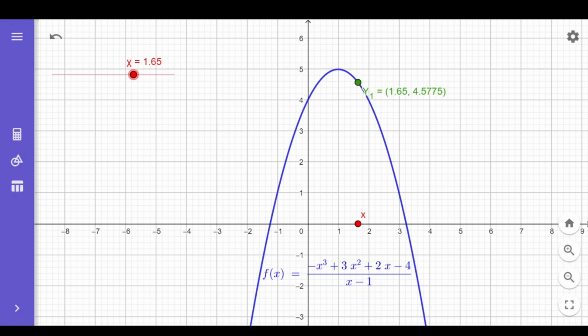I want us to focus our attention on what happens to the value of the function if x is exactly equal to 1. So, if you see the red dot at the upper left, nakikita ba natin? Yes, sir. Yan.